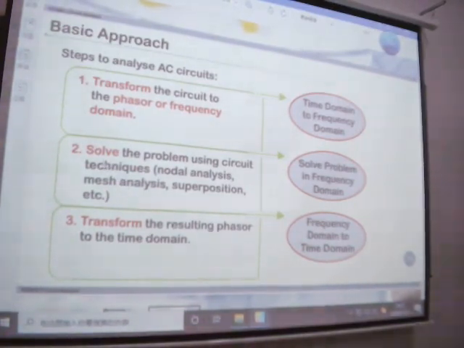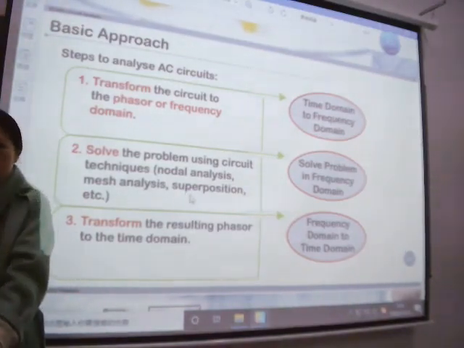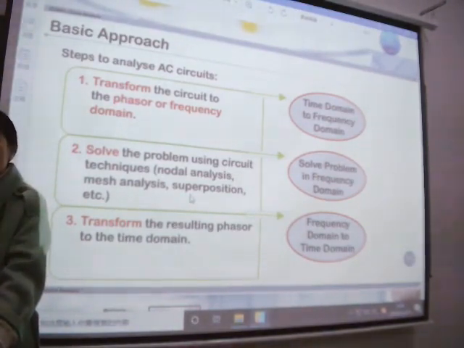Then, the second step, we try to solve the problem using the circuit techniques from DC circuits. Because after the transformation, the circuit is transferred to a circuit with complex coefficients.